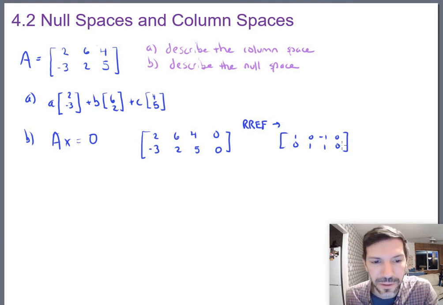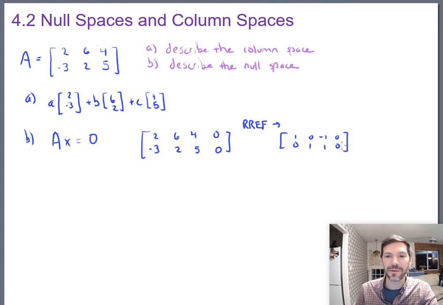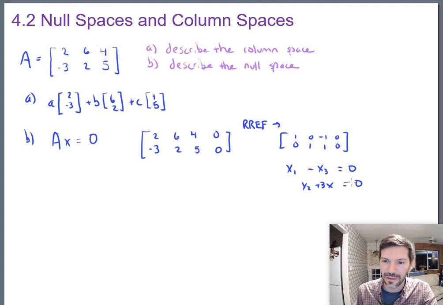Okay, that's the row reduced matrix, but we're still looking for our A, B, and C, or x1, x2, x3, or whatever you want to call them. I'm a little more comfortable with x's, so let's translate these back into equations. This is x1 minus x3 equals 0. This is x2 plus x3 equals 0.